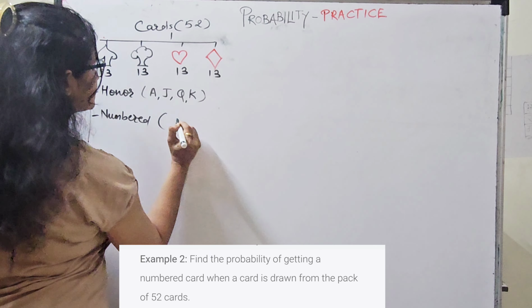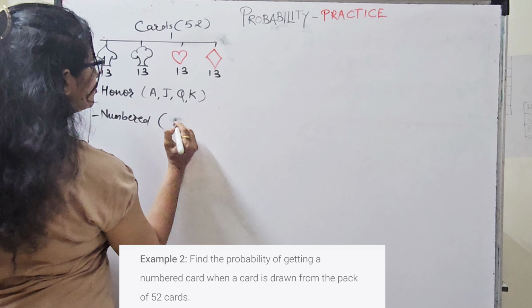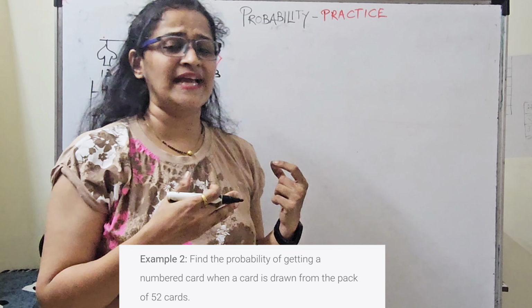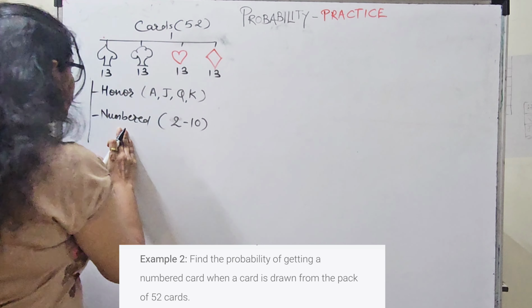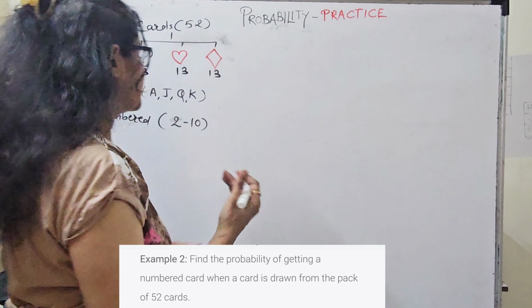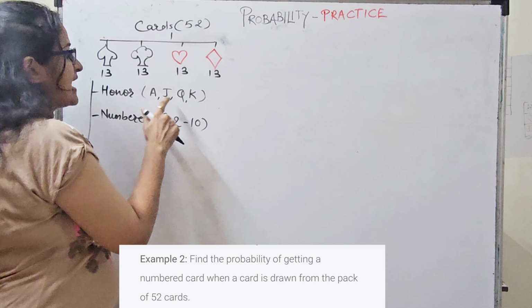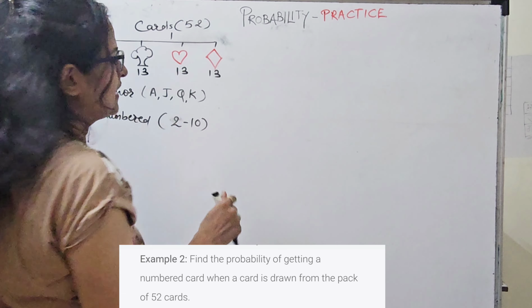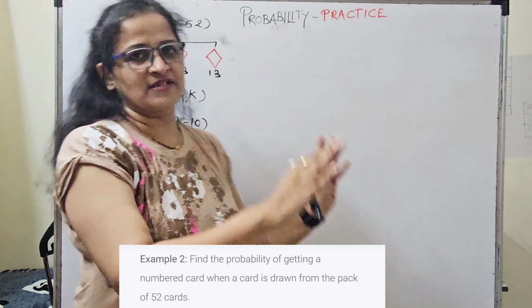Numbered cards are the numbers from 2 to 10. You will say ace is nothing but 1, so why isn't it a numbered card? No, because ace has a different position in cards. It is as honorable as jack, queen and king. So basically this is the card concept. Now why is it so? That is not for this video definitely.